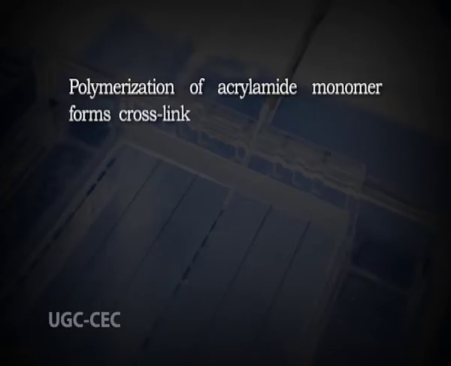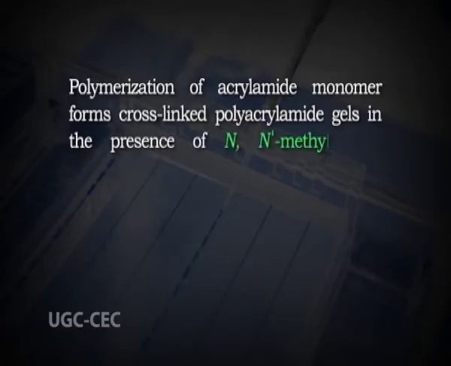It is mainly used for the separation of smaller biomolecules like proteins and DNA, to increase the resolution of separation. Polymerization of acrylamide monomer forms cross-linked polyacrylamide gels in the presence of N,N'-methylene bis-acrylamide.